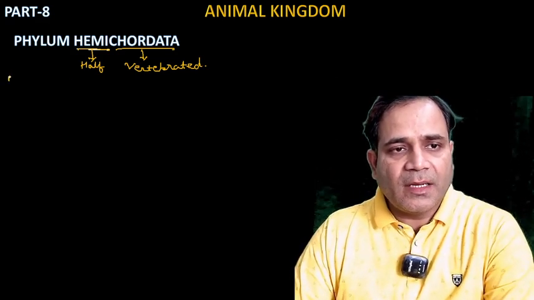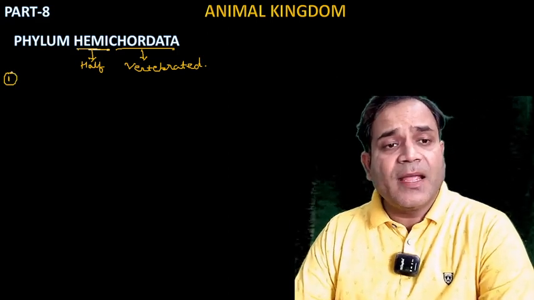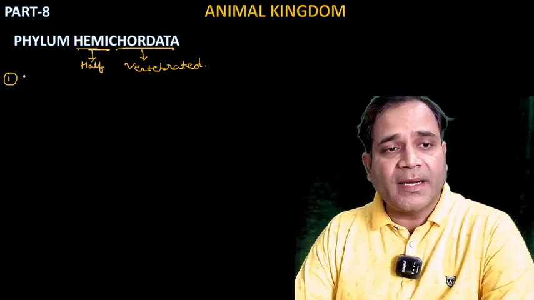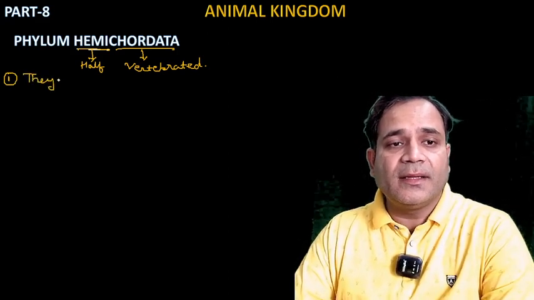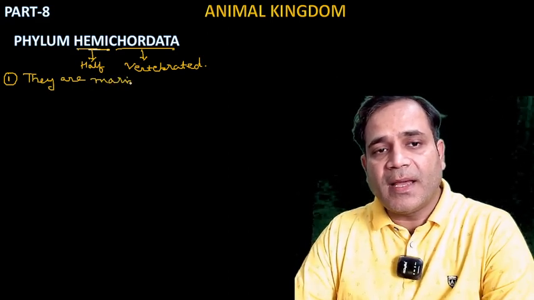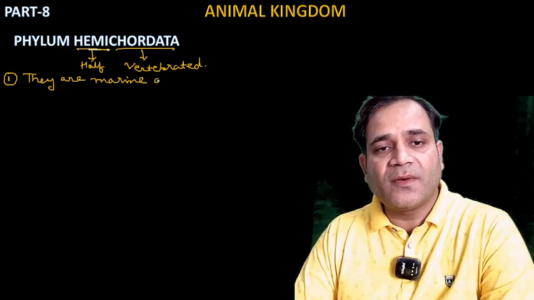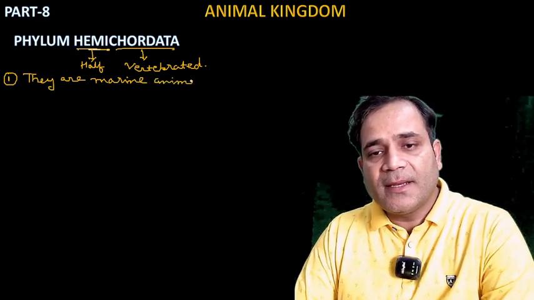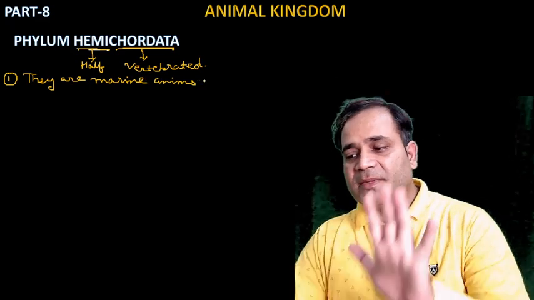See the important points to be noted here, my dear. Phylum Hemichordata animals are marine. If anybody asks you about habit and habitat, you say marine. Marine animals are mostly found in the sea.